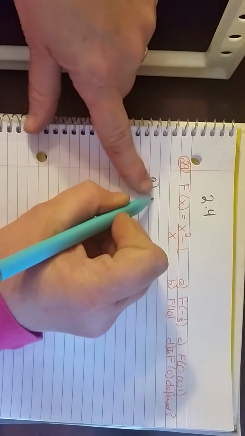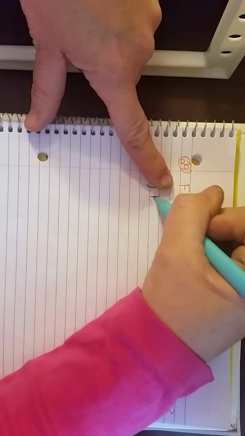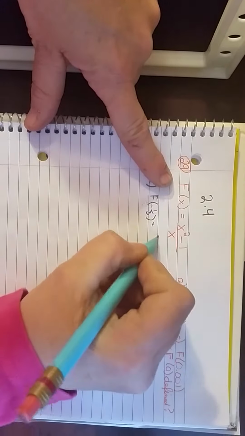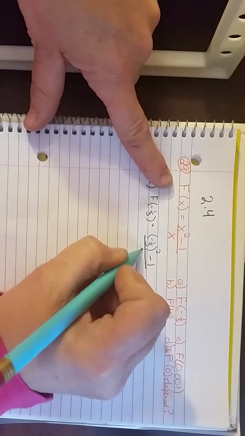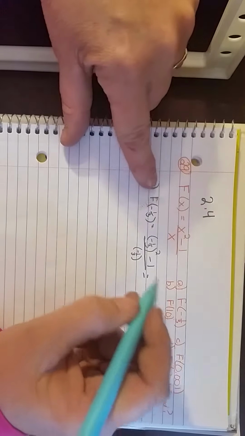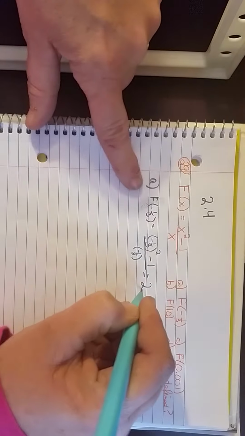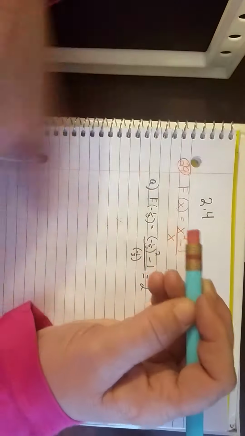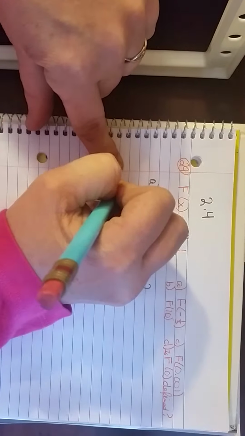So for a, and that will give you 2. If you have trouble getting that to be 2, then you can ask me in class.